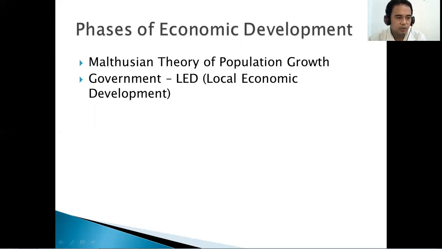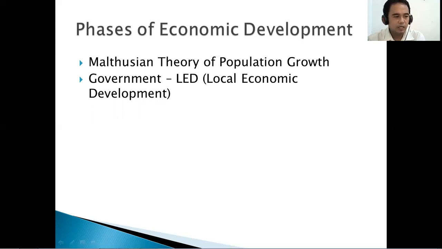It is a theory about economic growth which depends on the rate of population of a certain area.